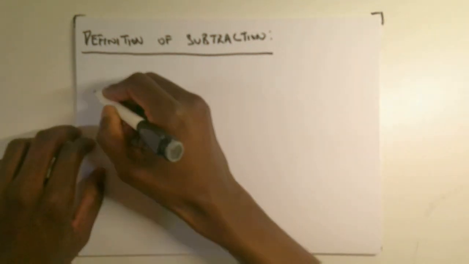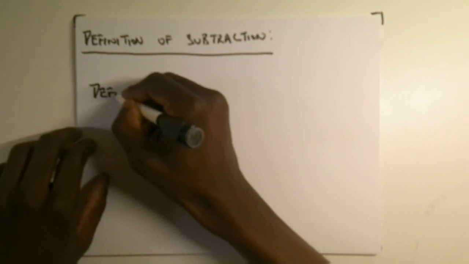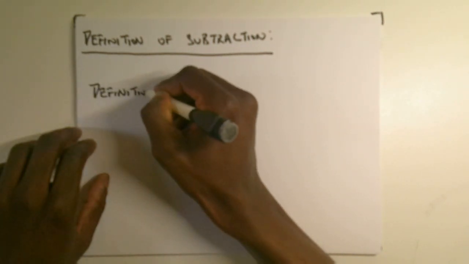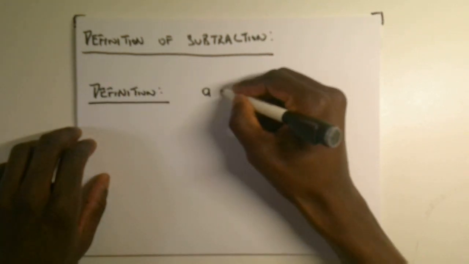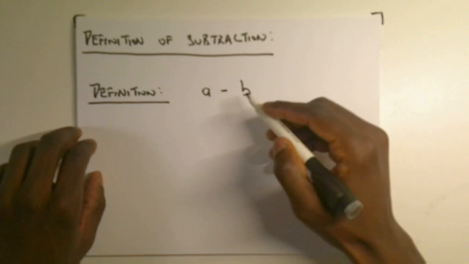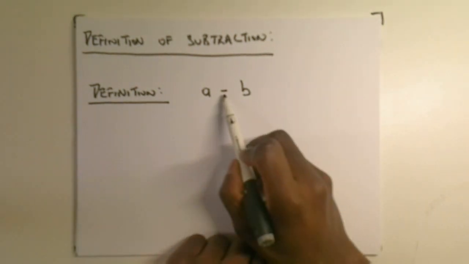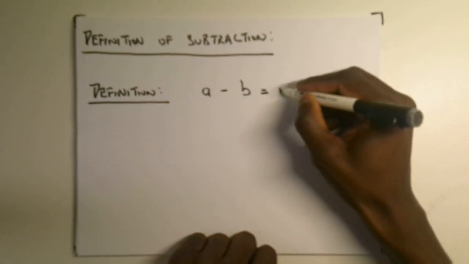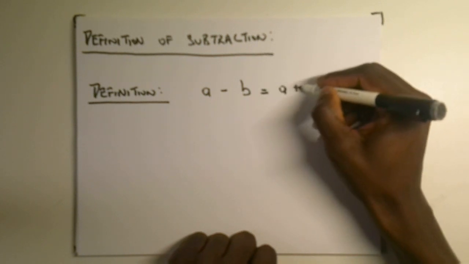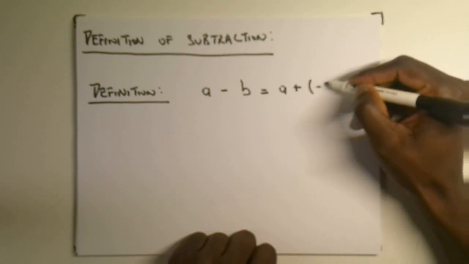So what do I mean by that? My definition says that if I have a minus b, so I'm using this minus sign as the subtraction operation, this is defined as a plus, but this b is actually the inverse.